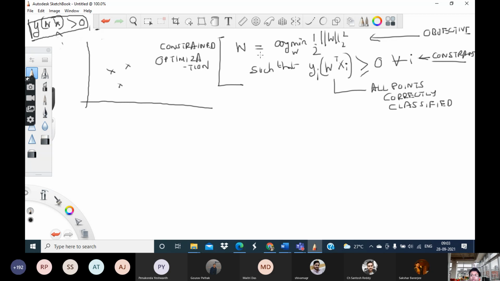Fine. So now we have to solve this constrained optimization problem through certain numerical techniques. Before we go into that, we take a 5-minute break.